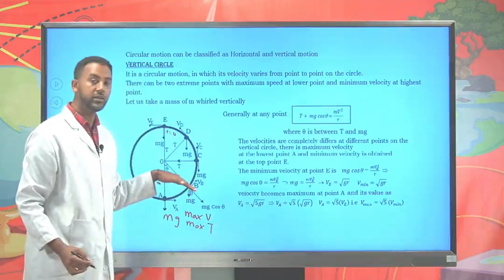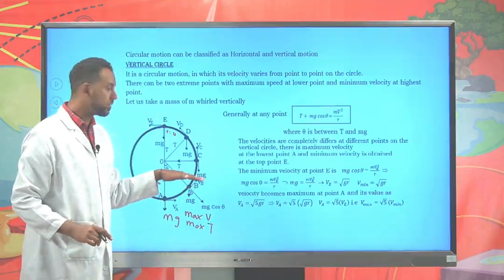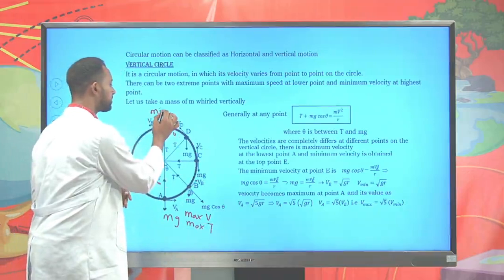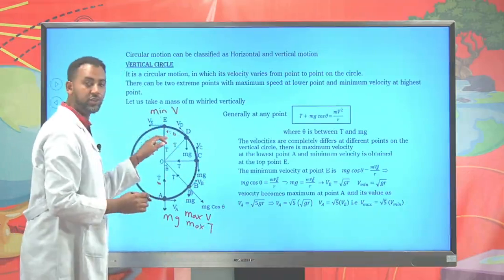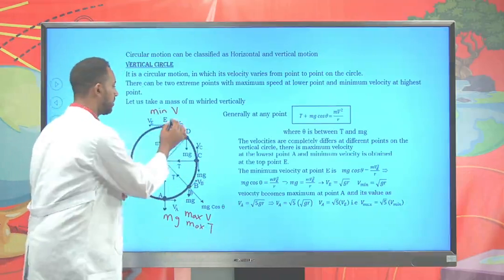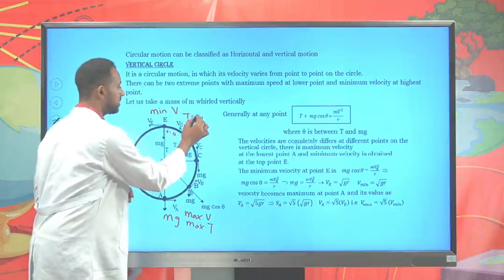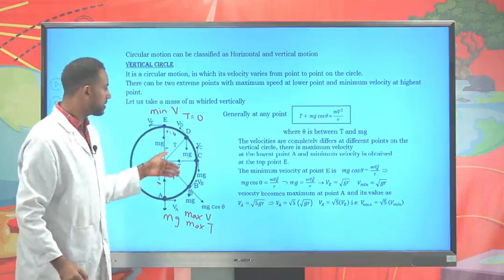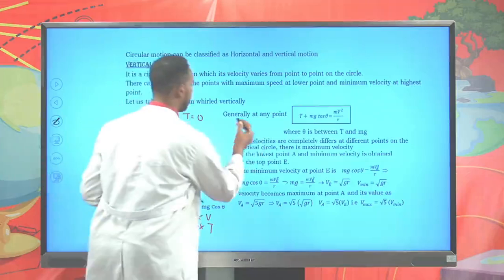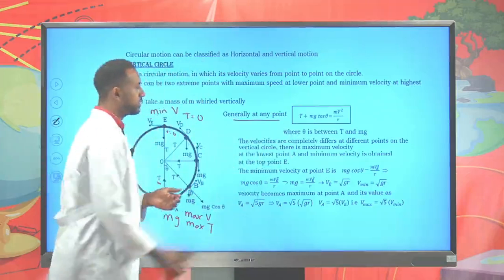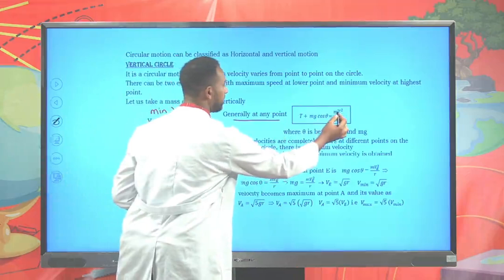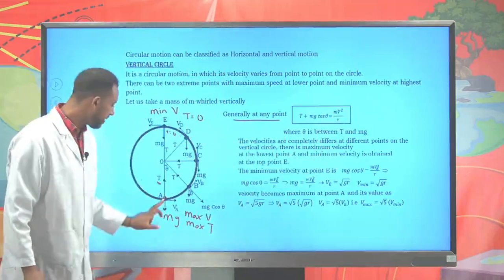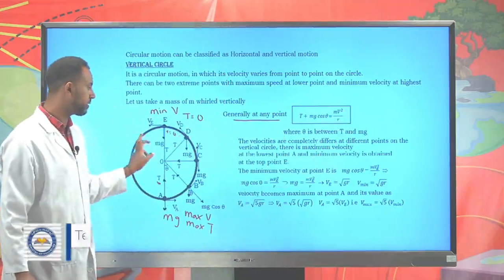Gradually, the velocity decreases both in direction and magnitude, so that as it reaches here, we have the minimum velocity, and the tension becomes minimum, or zero. The tension T is zero when it reaches the maximum point. Therefore, you can use the general equation T plus mg cos theta equals mv squared over r to determine the tension or the velocity at every single point.